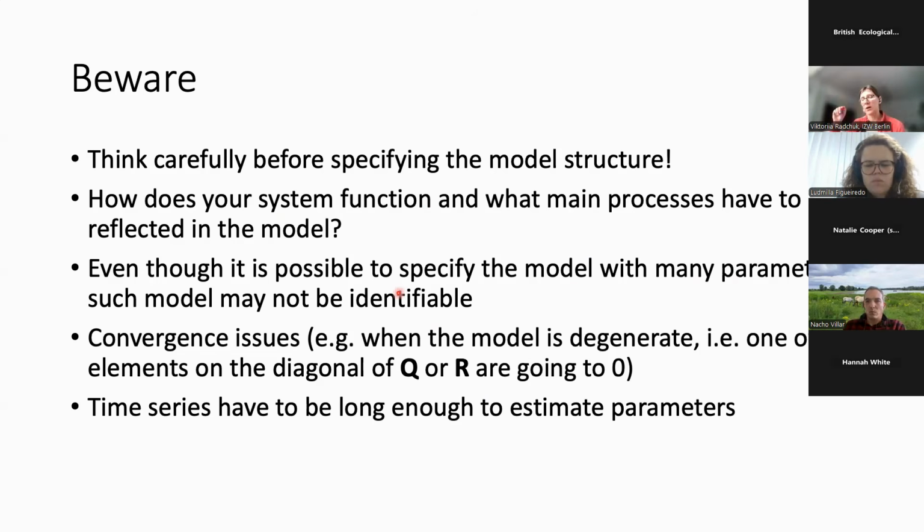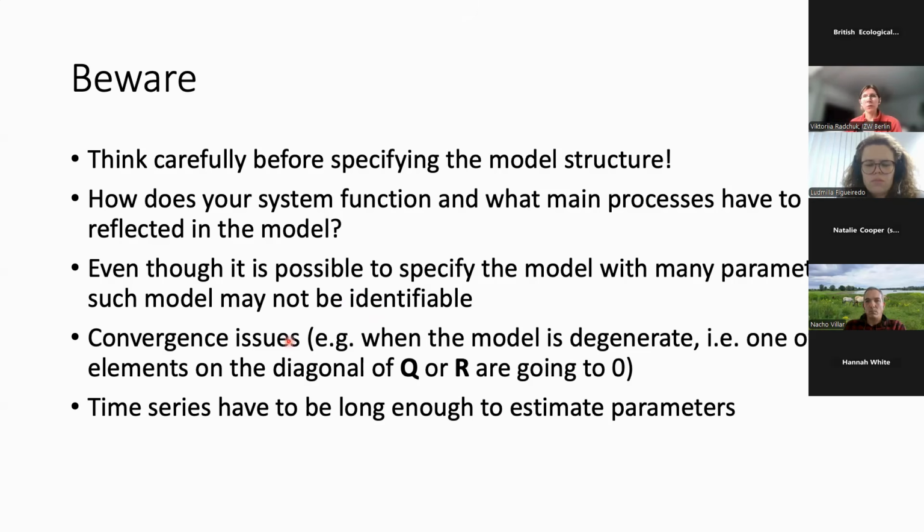You can potentially try to estimate all the Q's and R's with all their subscripts in the variance-covariance matrices. And that, of course, will require estimating many parameters. This may lead to the model not being identifiable.